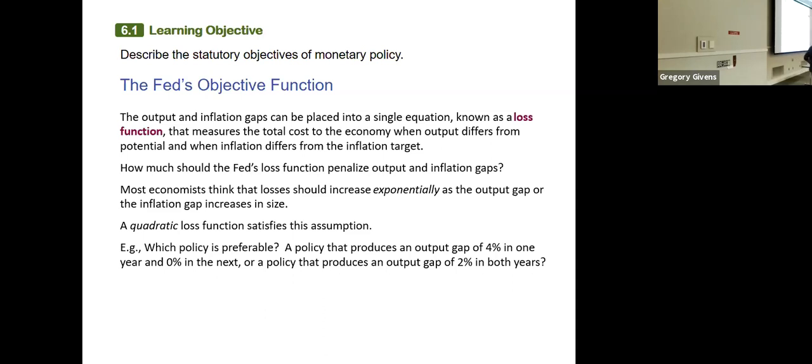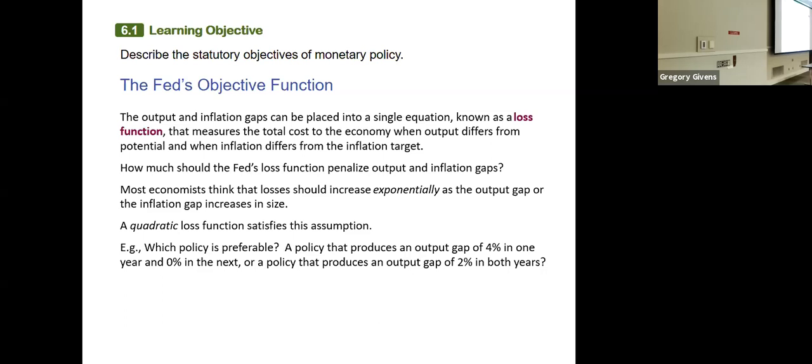Let's suppose that the Fed is considering two different policies, policy 1 and policy 2. The first policy is expected to produce an output gap of 4% this year and then 0% in the next year. Okay? So it's a contractionary policy, right? It's going to take the output gap from 4% this year to 0% in the next year.